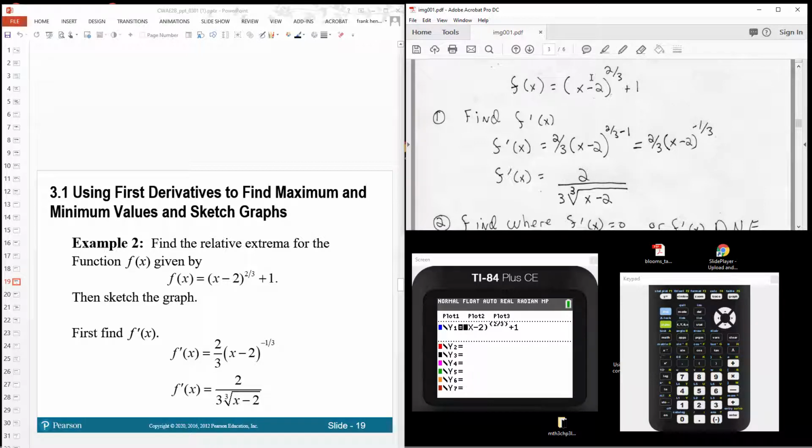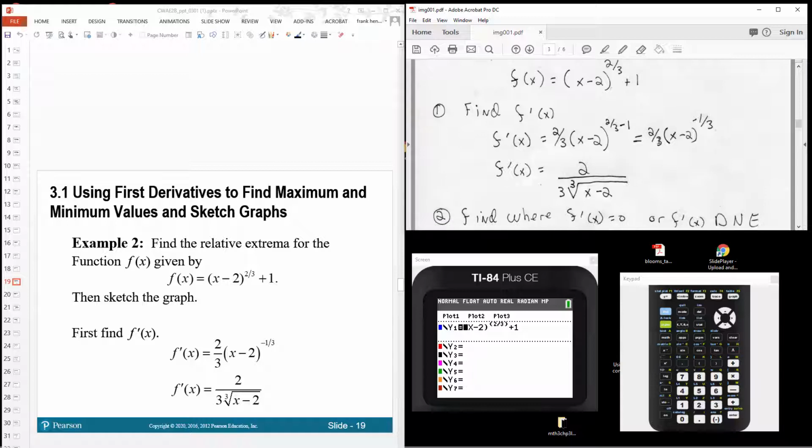So I have here my f of x, my derivative of 1 is going to be 0. Derivative of x minus 2 is going to be 1. So using my chain rule, I get this quotient here.